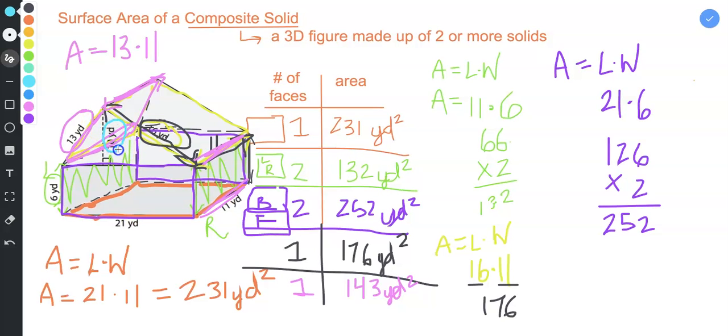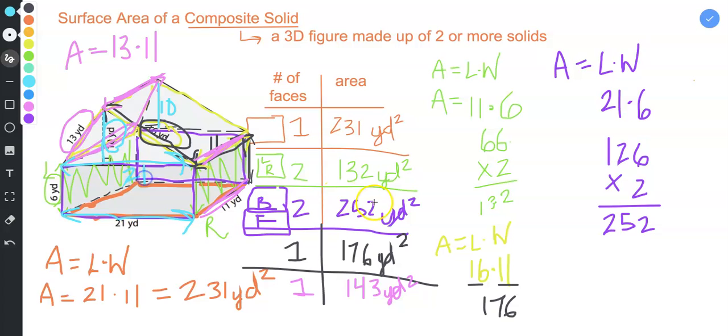I've covered it over so much, but that was a 10 yards marking for the height. So the height is 10 yards on the triangle, and the base, this horizontal line, is the same as this horizontal line below it. These two lines are parallel, they're the same length.